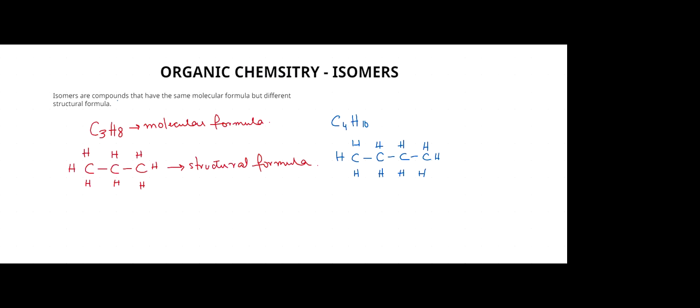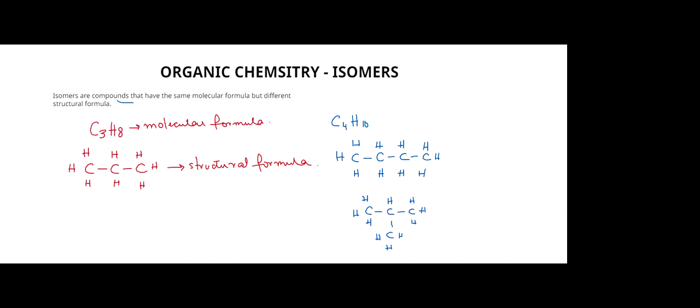1, 2, 3, 4. See, 4 carbon atoms. And again, we'll draw 10 hydrogens, just like we discussed: 1, 2, 3, 4, 5, 6, 7, 8, 9, 10. Both of them have 4 carbon atoms.